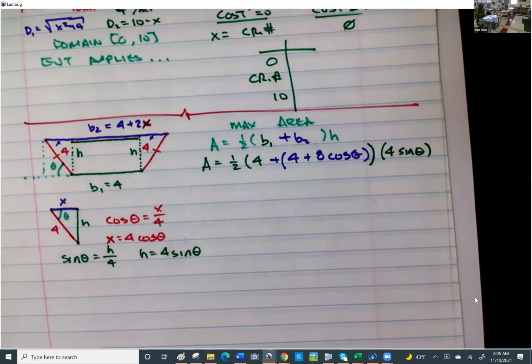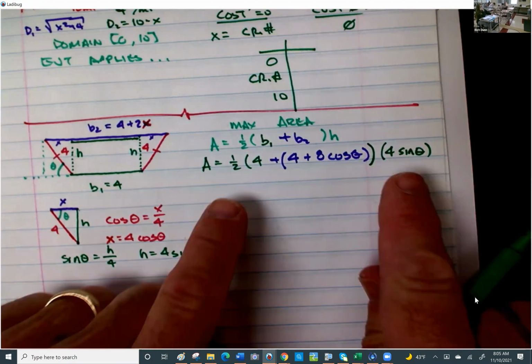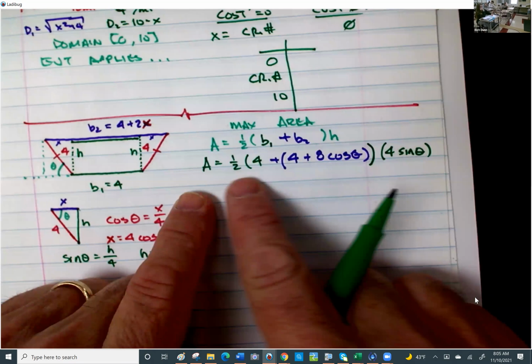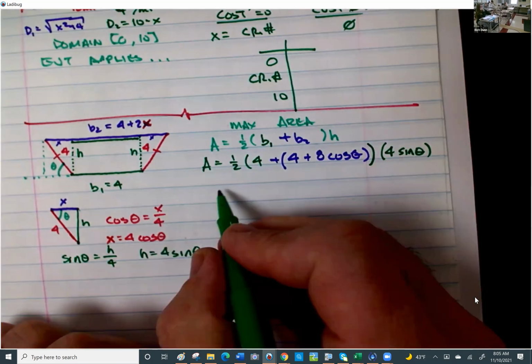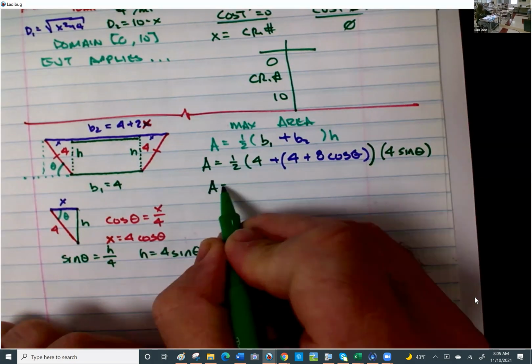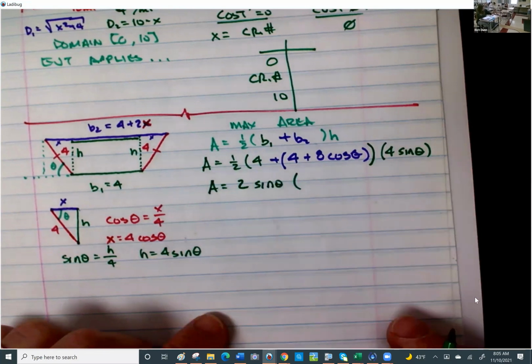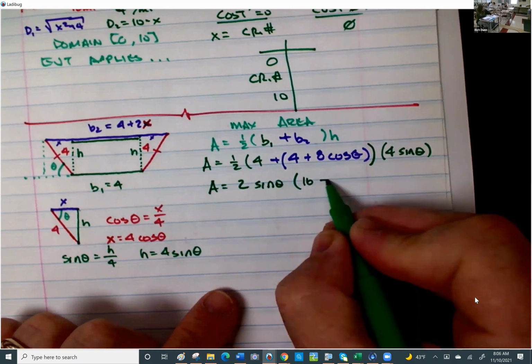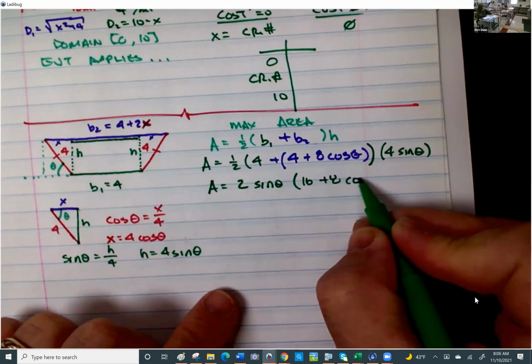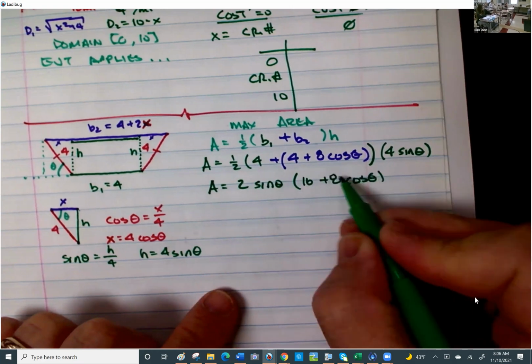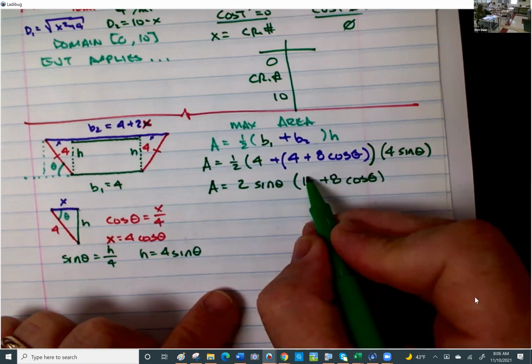Love it. Now, personally, I'd probably clean this up a little bit. What's half of 4? 2. So 2 sine of theta, and then inside the parentheses, I'd have a 4 plus 4, which is a 16, plus 8 cosine theta. I have no idea.